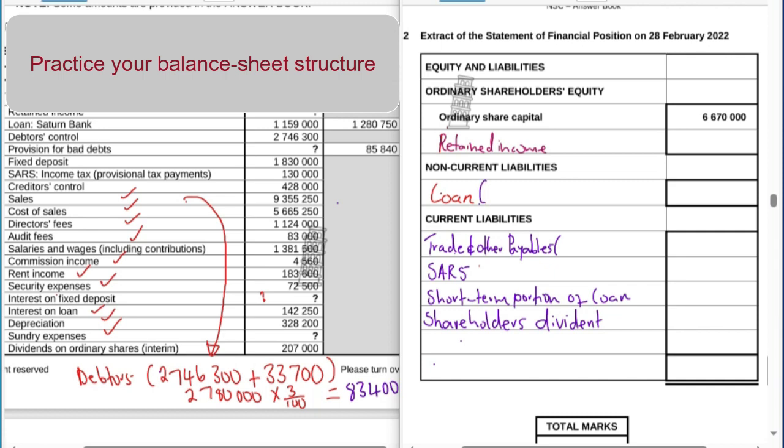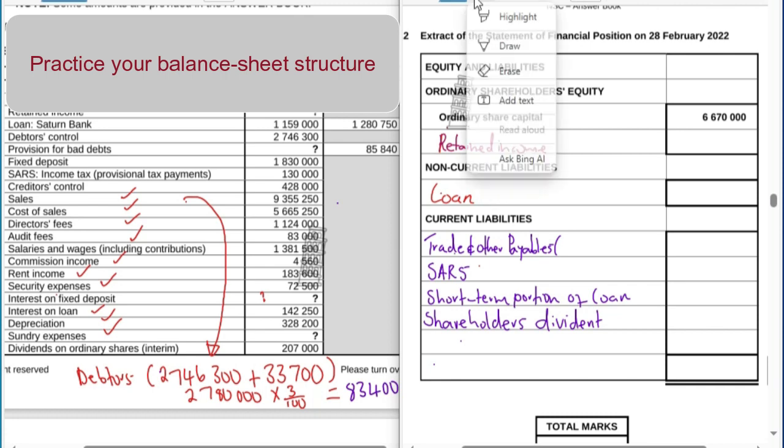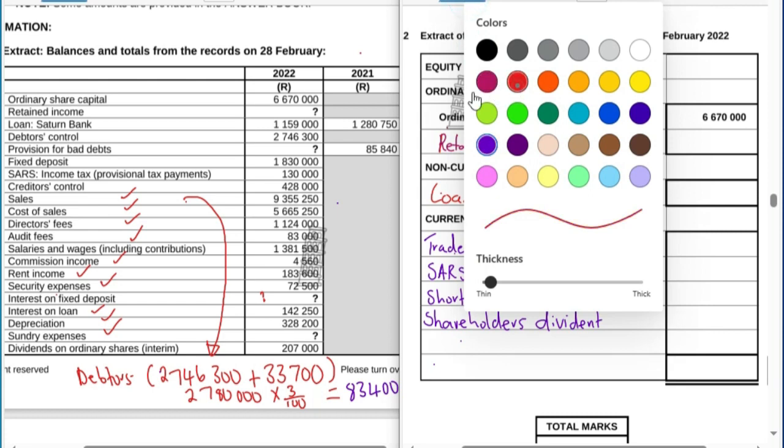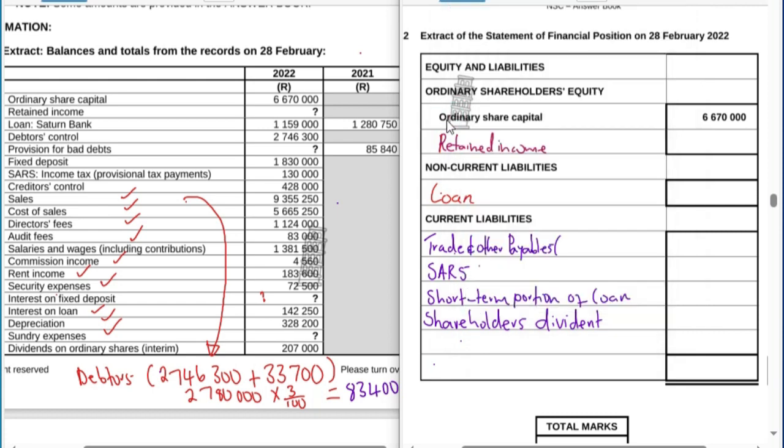Our amount for 2022 for loan is 1,159,000.